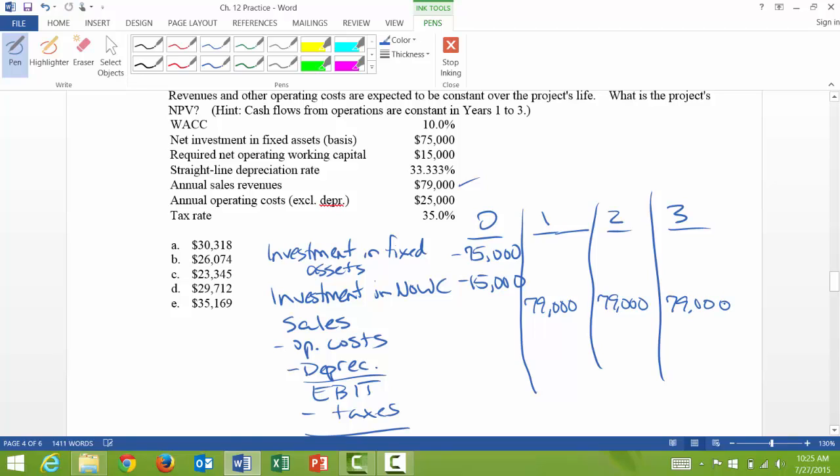And that was my cat jumping up on top of something. And then we have operating costs, and it's 25,000. And that other noise was my cat.